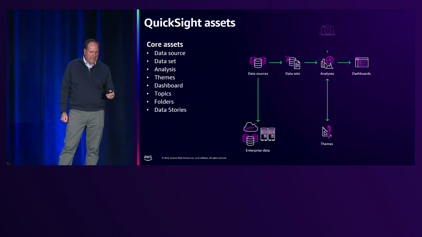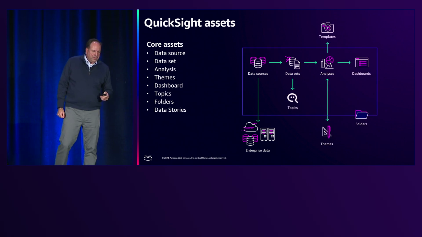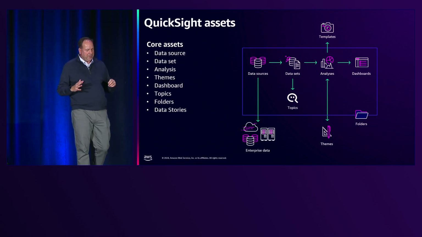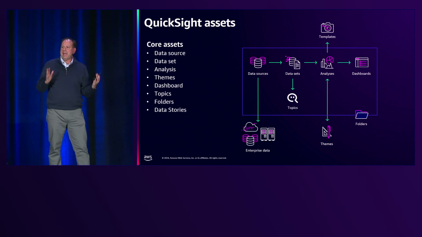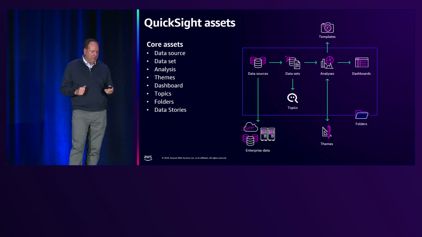I'm just going to let this play out here for just a second. So really, everything that you see here, minus the enterprise data that's going to be managed by the data team, these are really all assets that are managed by the individuals who are administering the QuickSight system.